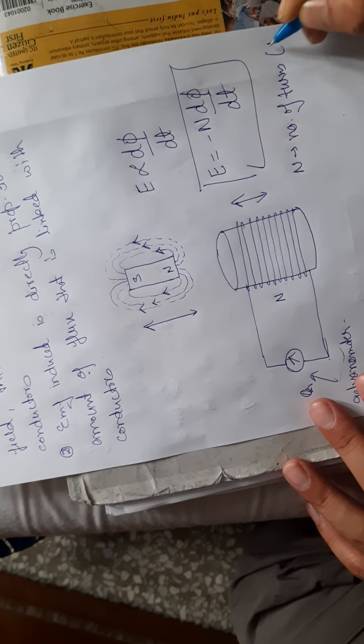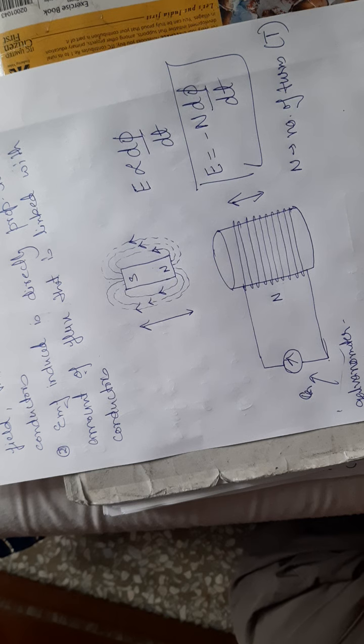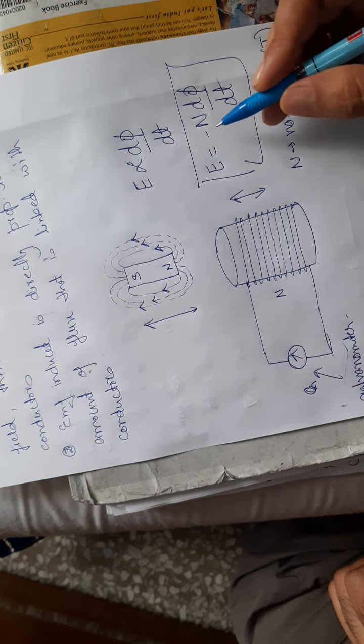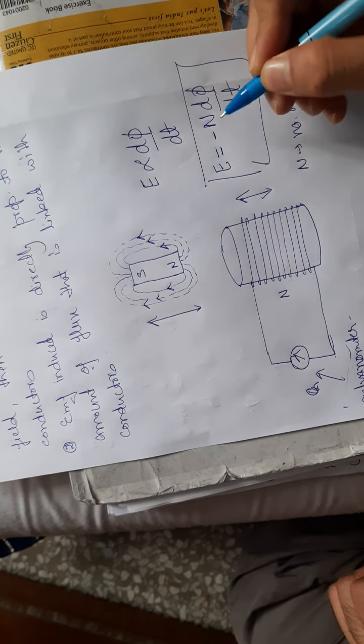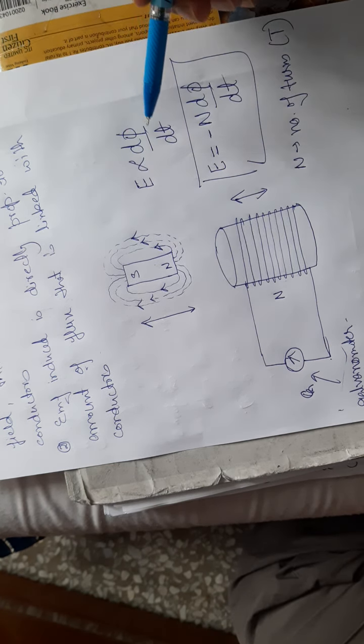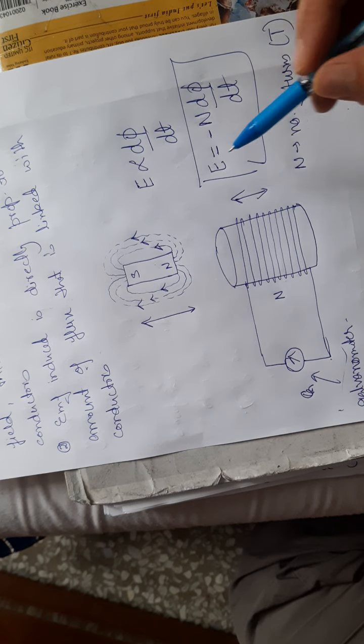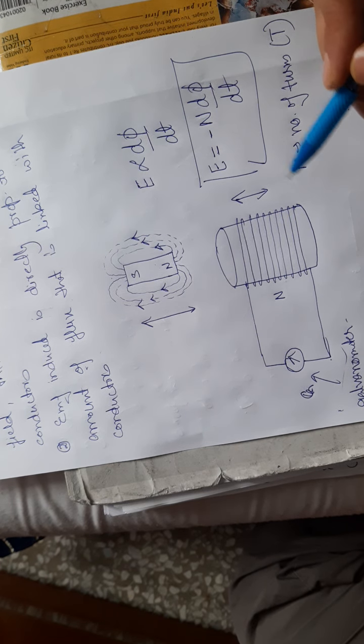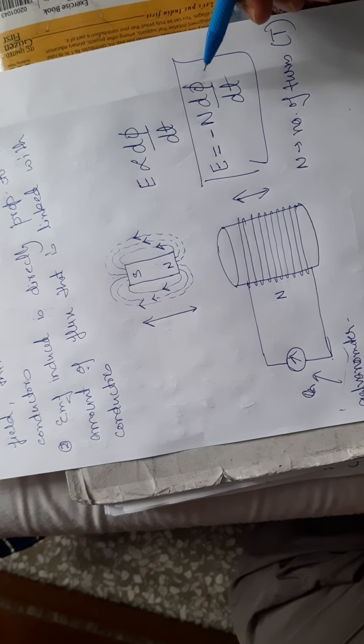And what is this negative sign? This negative sign is used because of Lenz's law. In electromagnetic induction, the effect opposes the cause. The cause is the relative motion of the conductor or changing flux, and the effect is the EMF generated. So this EMF generated will oppose the changing flux.